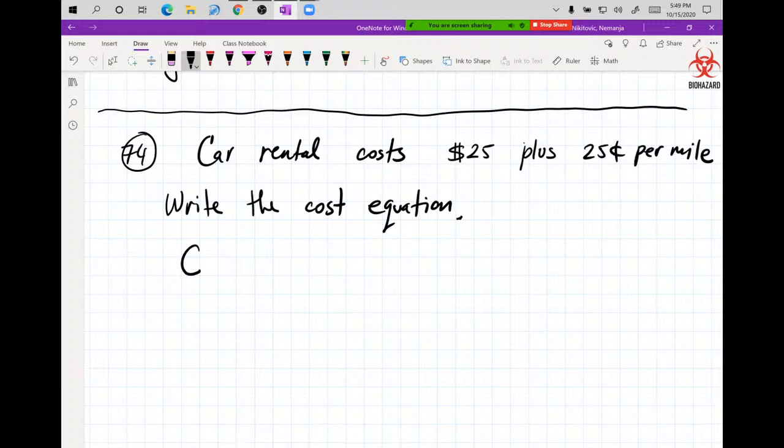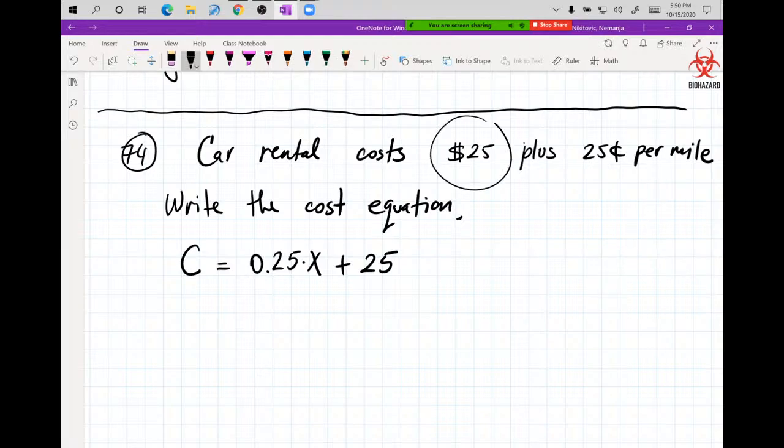Well, cost equation C is equal to, you don't know how many miles you're gonna go, so that will be your X. So you have 25 cents times X plus $25 flat for the rental.